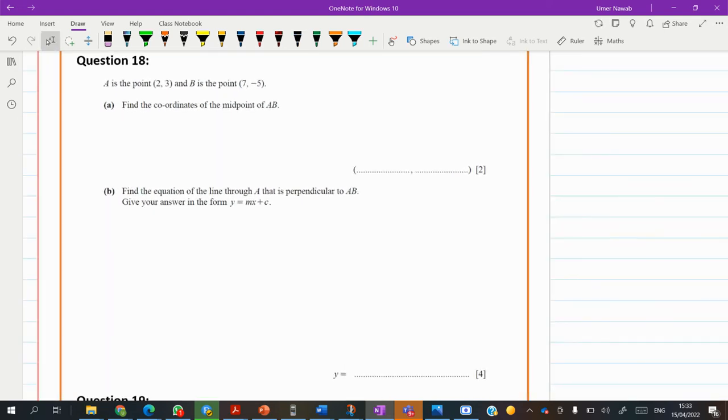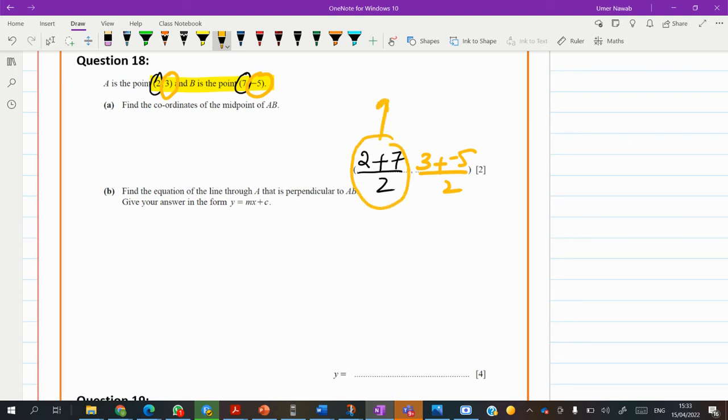Next, midpoint. This is the first time after 17 questions that a midpoint question comes. Midpoint is basically the average of the x coordinates. You need to add the x coordinates, 2 plus 7 divided by 2, and you do the same thing for the y coordinates. Add them, 3 plus minus 5 divided by 2. So check what is the answer coming. It is 9 over 2, and this is minus 2 over 2.